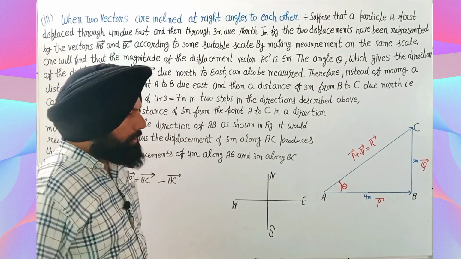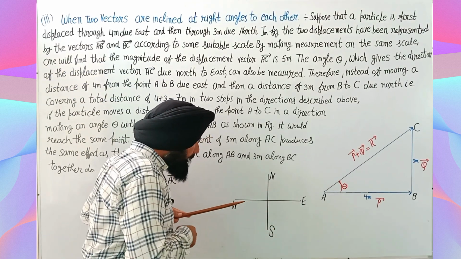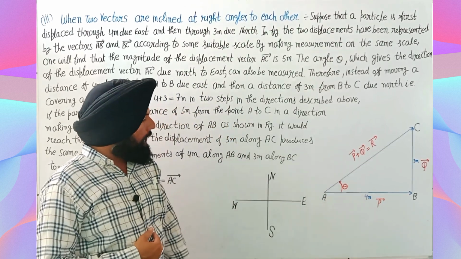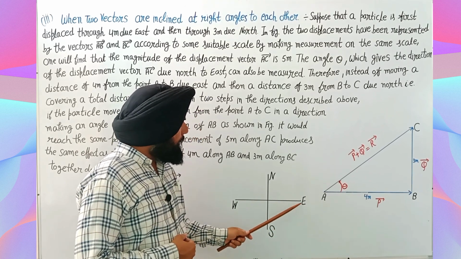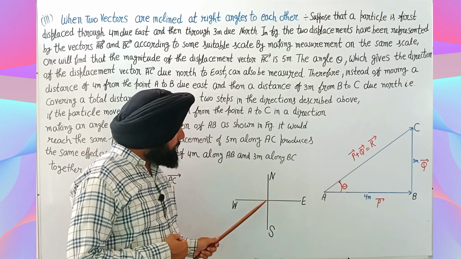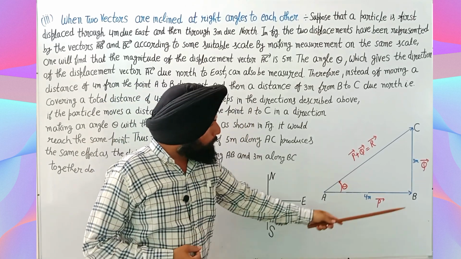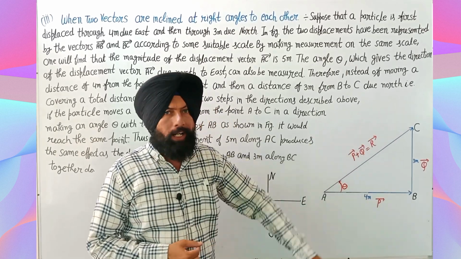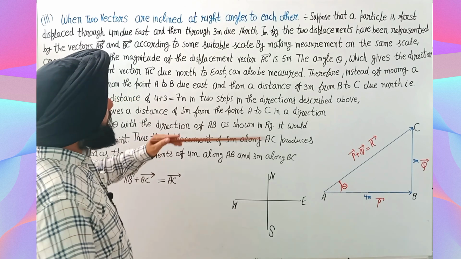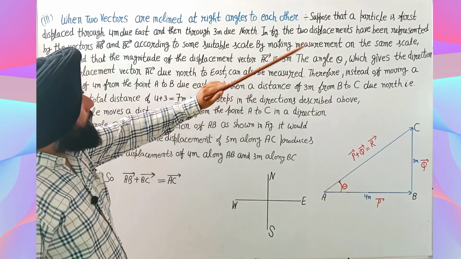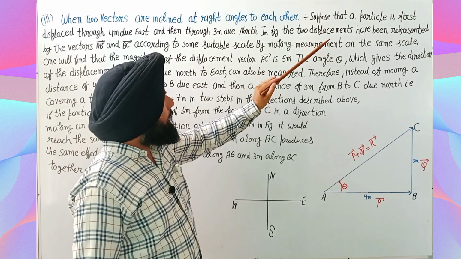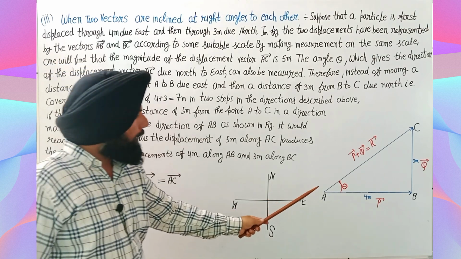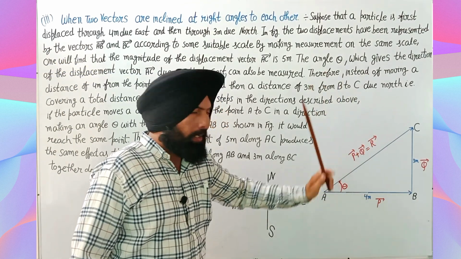We have a particle which is moving towards east direction from A to B, 4 meter, and then from east to north, means towards north direction from point B, and it covers 3 meter and reaches point C. In figure, the two displacements have been represented by the vectors AB vector and BC vector.